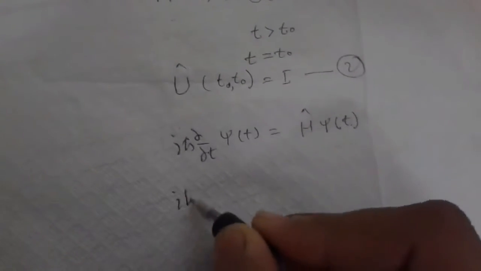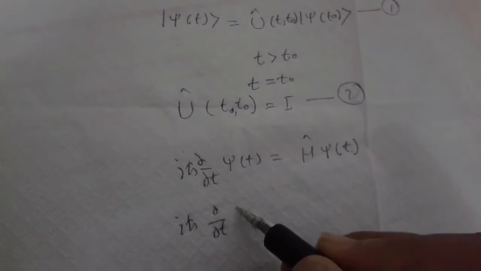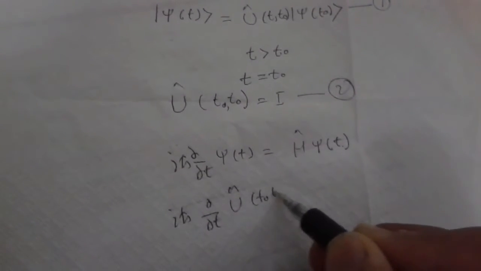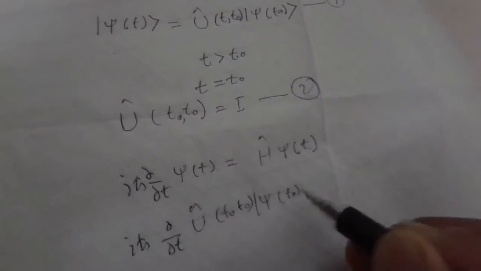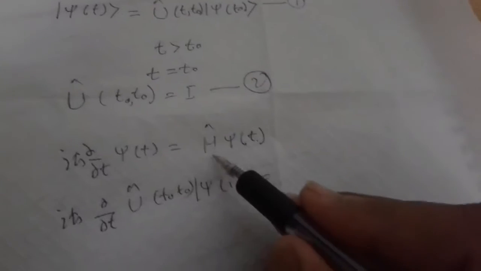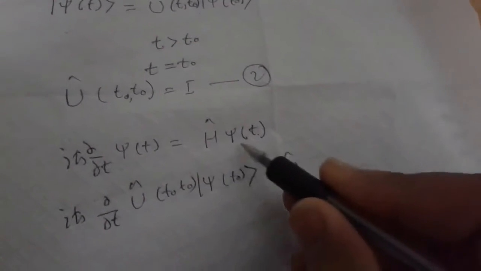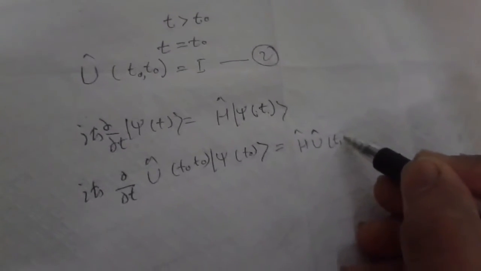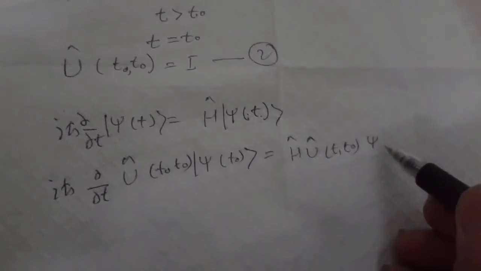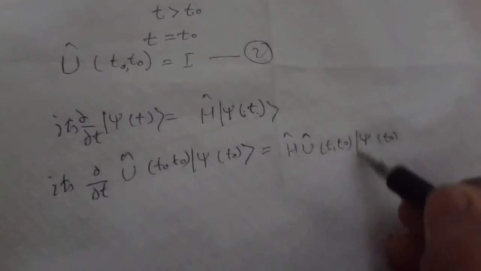We will get i h cut del by del t of the unitary operator times the initial state of the system, equal to the Hamiltonian as it is, times the unitary operator U of t and t naught and the initial state of this system psi of t naught.